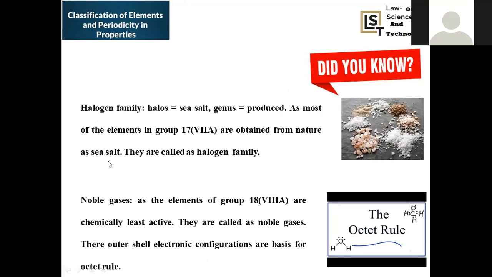If you go with iodized salt, we can see in our daily life we use table salt, iodized salt, where iodine is present. And the salt is nothing but sodium chloride itself, rock salt. In that manner, whatever halogen family elements are present, all are extracted from sea salt. That's why the name halo was given. Halo denotes what? Sea.